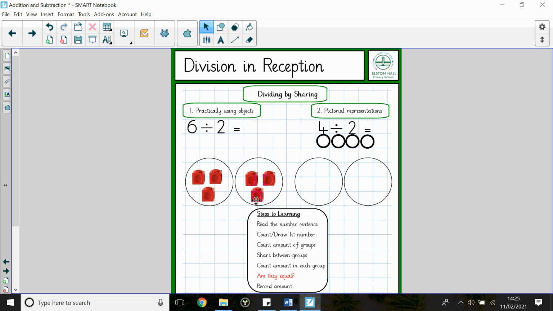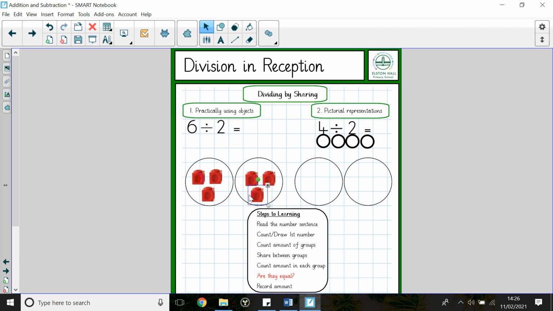Once the cubes have been shared between the 2 groups, we then need to count how many cubes are in each group. 1, 2, 3, 1, 2, 3. There are 3 cubes in each group. The next step is to ask, are the groups equal? Have the cubes been shared fairly?